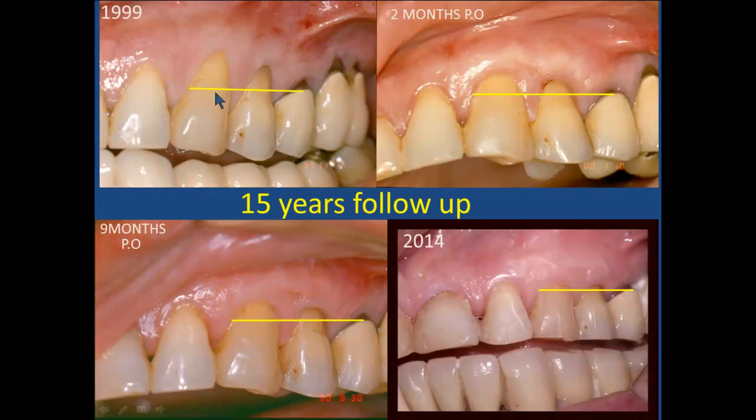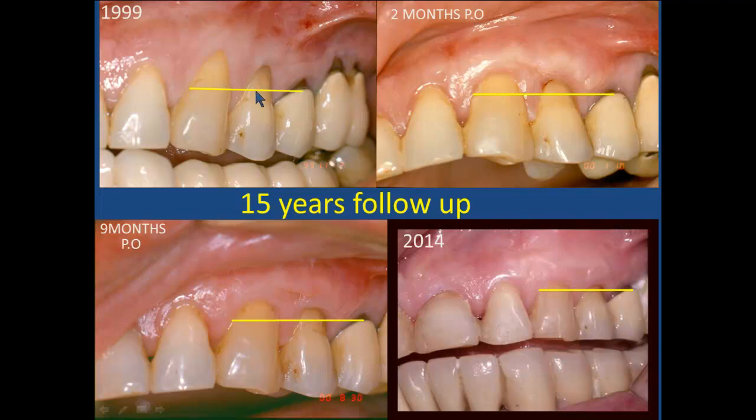This series of slides show in 1999 the severe recession of the gingiva with loss of the attached gingiva, using the cervical margin of the second premolar crown as a stable landmark.